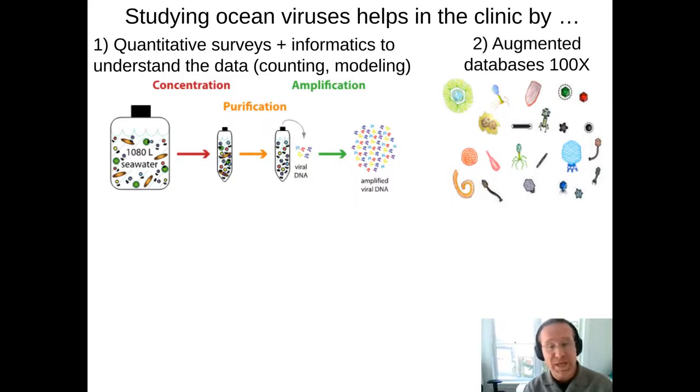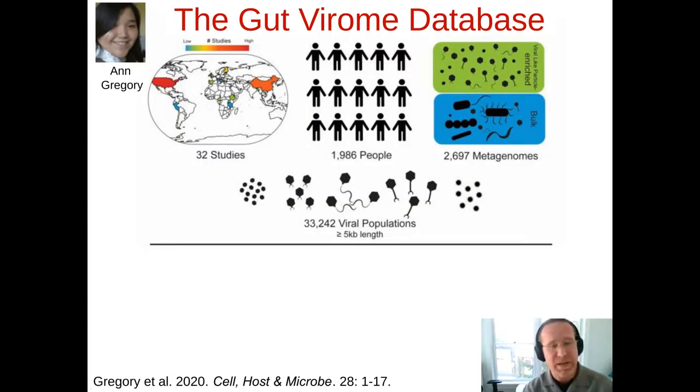Second is augmenting databases. In the oceans, we've augmented the databases 100-fold. And just to give you an example of that impact, we applied our oceans approaches to establish a very simple idea, the Gut Virome Database.